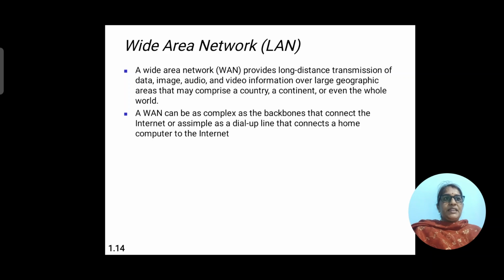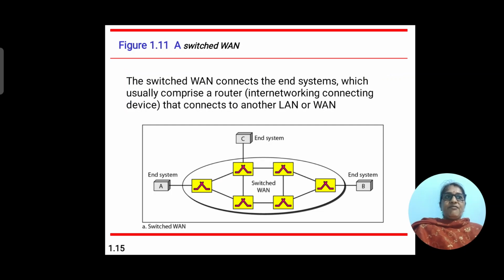A WAN can be as complex as a backbone that connects the internet or simply a dial-up line that connects a home computer to the internet. The switched WAN connects the end systems, which usually comprise a router, internetworking connected devices that connect to other LANs or WANs, as shown in the slide.